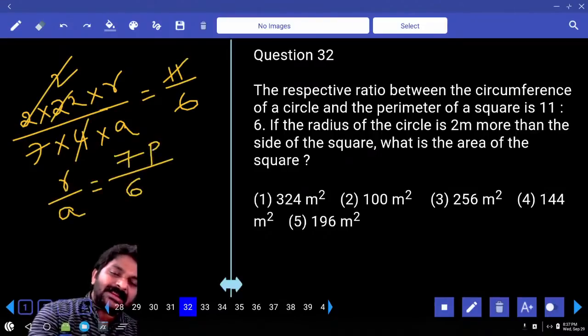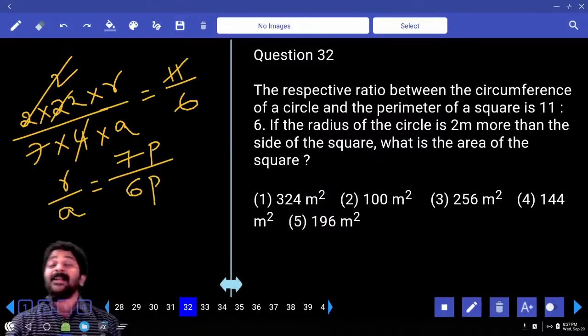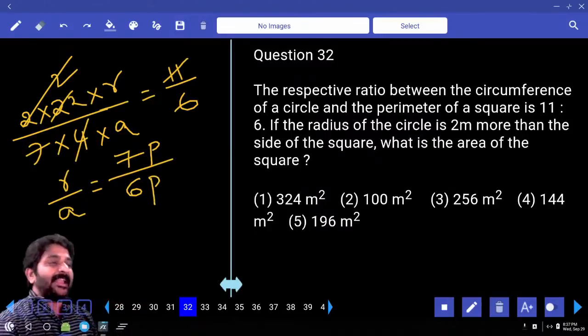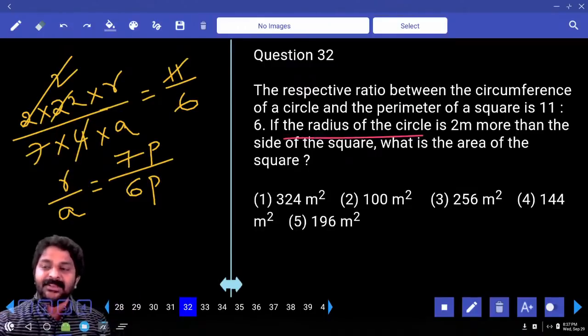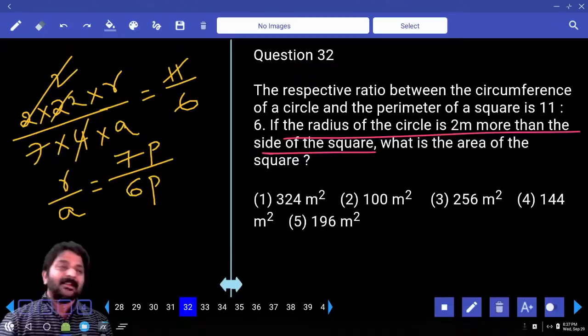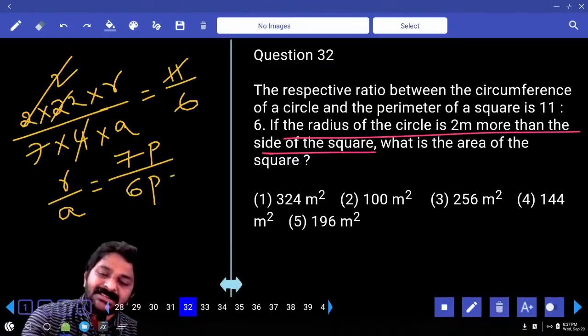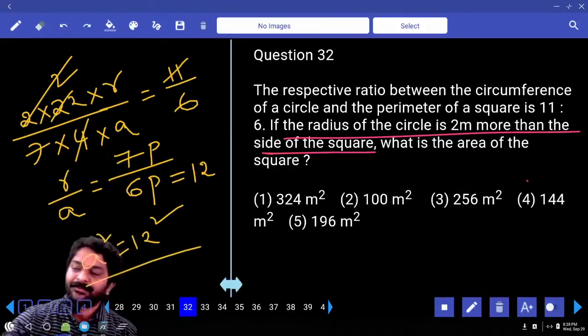That means 6 parts and 7 parts, radius and side of the square. What is the difference in terms of number of parts? 1 part. But in the question it is mentioned as 2 meters. That means 1 part is equal to 2, so 6 parts is equal to 12. A square is equal to 12 square, which is 144, fourth option.